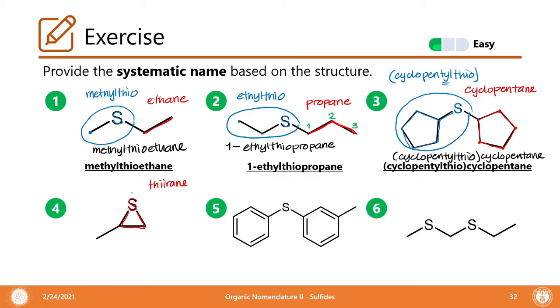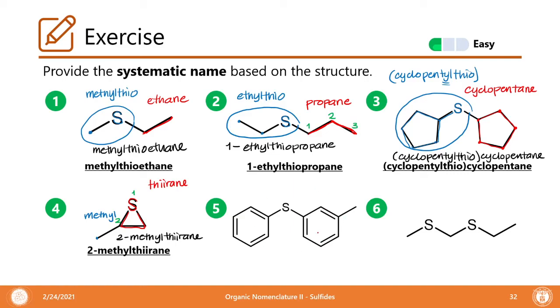We always set number 1 at the sulfur atom and number 2 at the nearest substituent, which is a methyl group. So when we assemble the name, we have 2-methyl thiirane. Let's go to the next one.